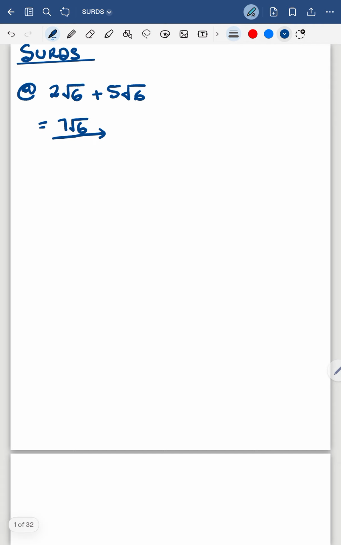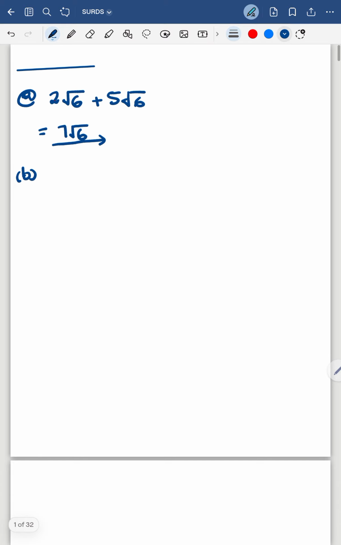Again, let's see now, if I can have another example, let's say we have 3 root 7 plus 5 root 7.